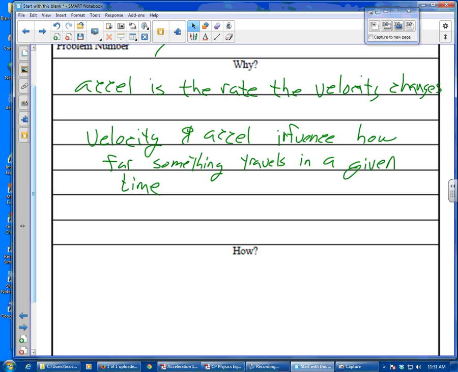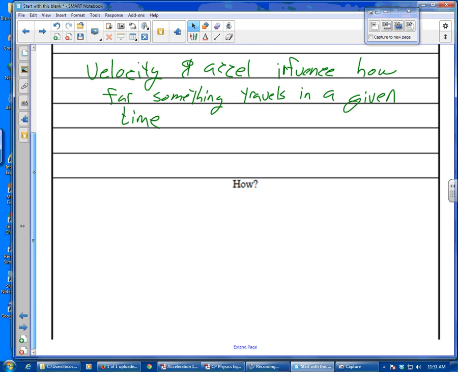The acceleration, we have to look at that as finding out the rate that the speed, the velocity, is changing, and then the second part, how far it's going to travel, is going to be affected both by whatever velocity it was at and its acceleration.